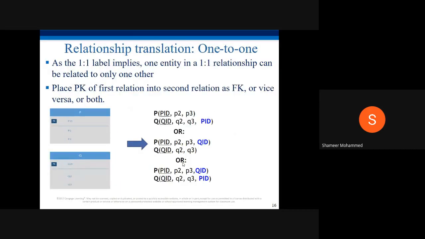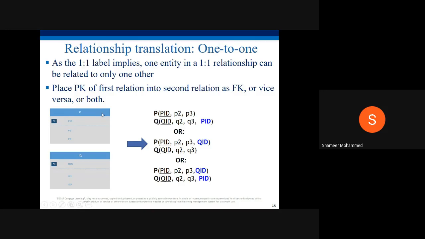Now the last one is relationship. Between one entity and another entity, like student and class or student and subjects, there is a type of relationship. See here, a one-to-one relationship implies that one entity can be related to only one other using the primary key and the foreign key, or vice versa.